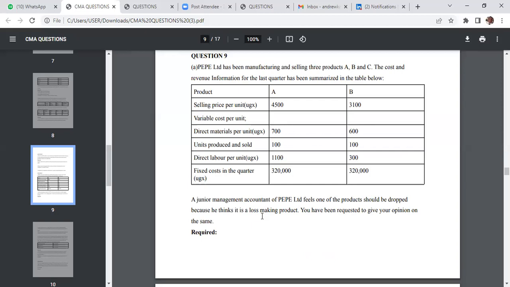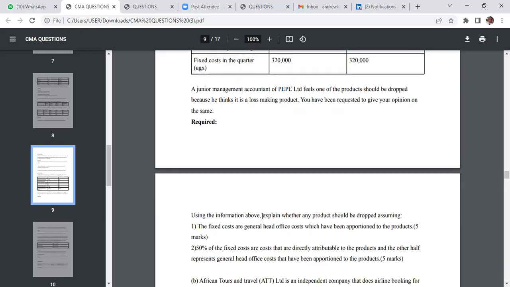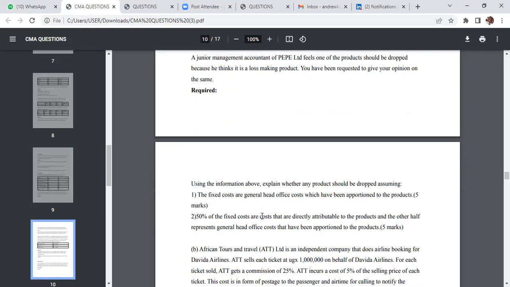The required bit says, using the information above, explain whether the product should be dropped. Assuming the following information: that the fixed costs are general head office costs, which have been apportioned to the product. Then note 2 says 50% of the fixed costs are directly attributable to the products, and the other half represents general head office costs that have been apportioned to the product.